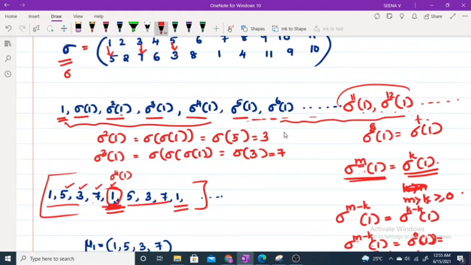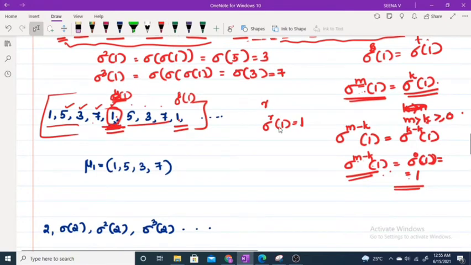Sigma 5, 6, 7, 8, and sigma raised to 8 of 1 is also 1 here, but we are taking sigma raised to 4 of 1 as 1. That means we are choosing r, the smallest positive integer such that sigma raised to r of 1 is equal to 1. In this case, we are taking 4 as r and sigma raised to 4 of 1 is equal to 1.